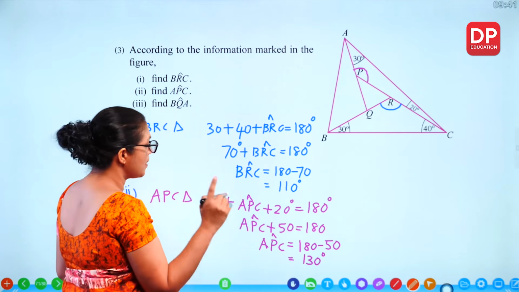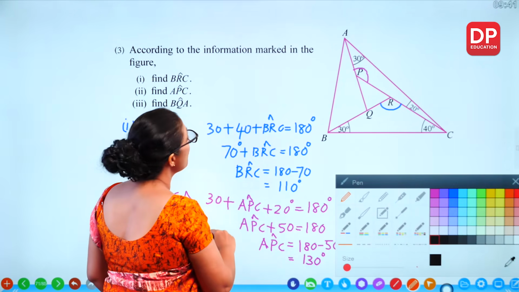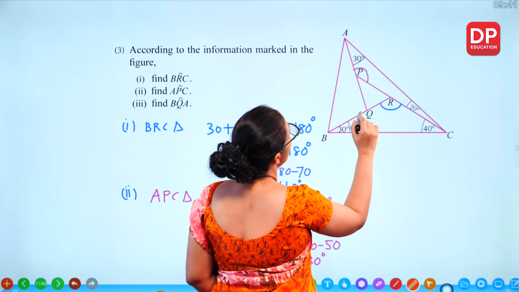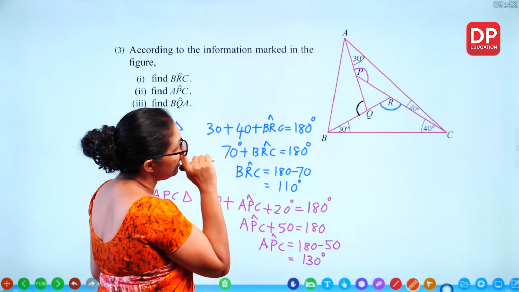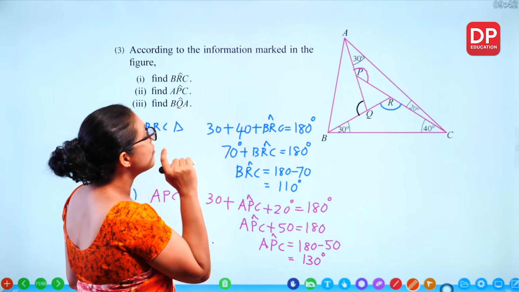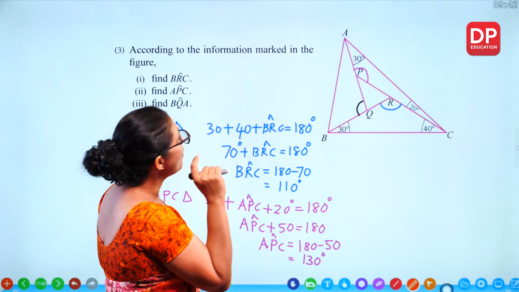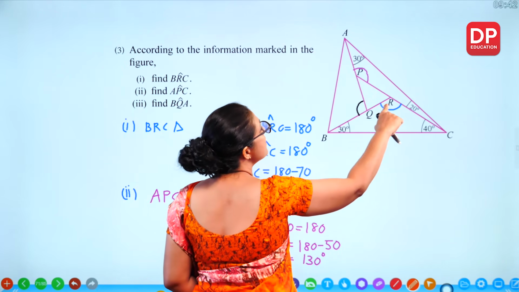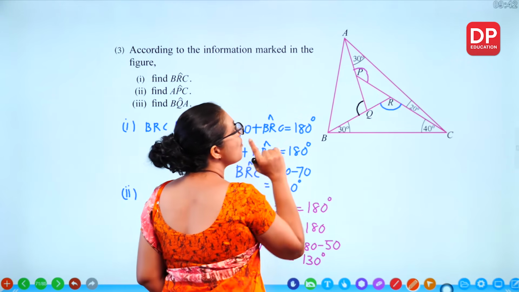Now third part, we need BQA. BQA is this angle. How can we find out that angle? Look carefully and see. Can you see? These three are the exterior angles of this PQR triangle.